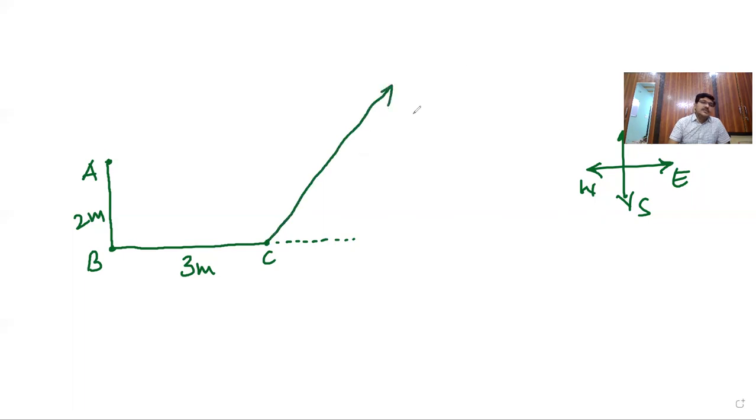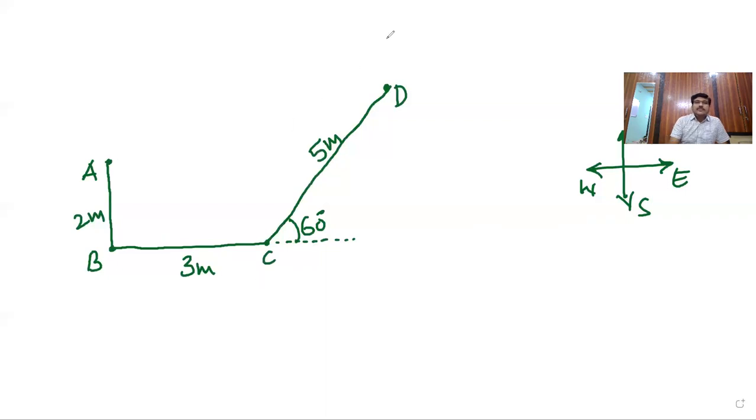With respect to east, he is turning 60 degrees up to D. This is 60 degrees with respect to east. How much is he walking? He is walking 5 meters. What is the displacement? That is asked.